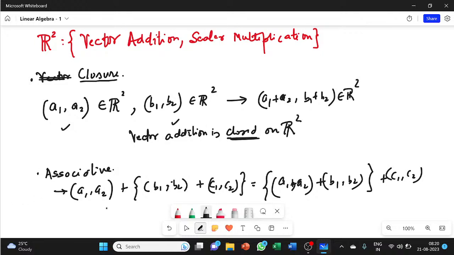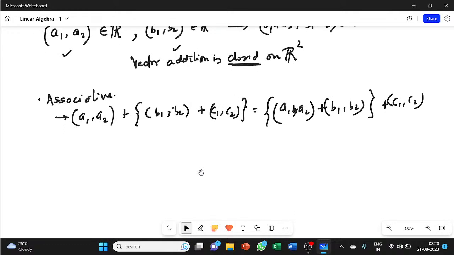So basically this would represent associativity. This is something that you can verify on your own, that this would eventually be equal to a1 plus b1 plus c1 comma a2 plus b2 plus c2, and the same thing here.